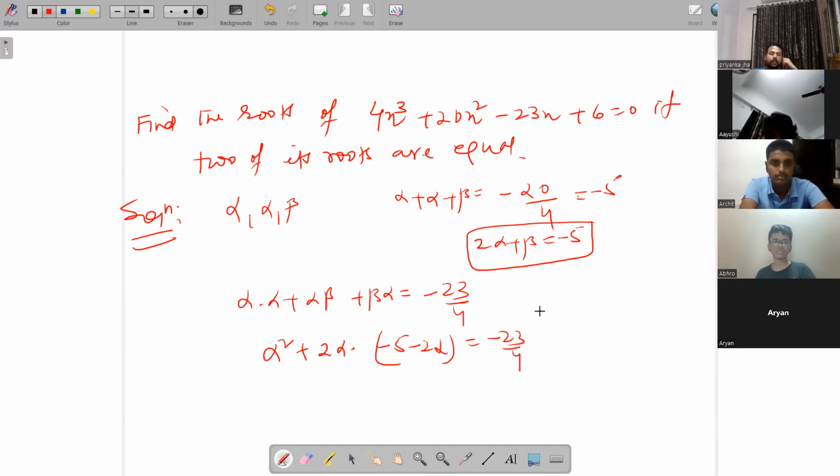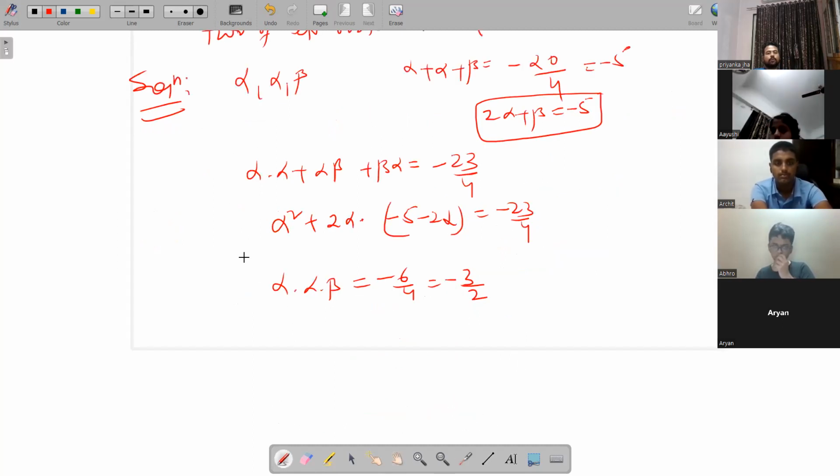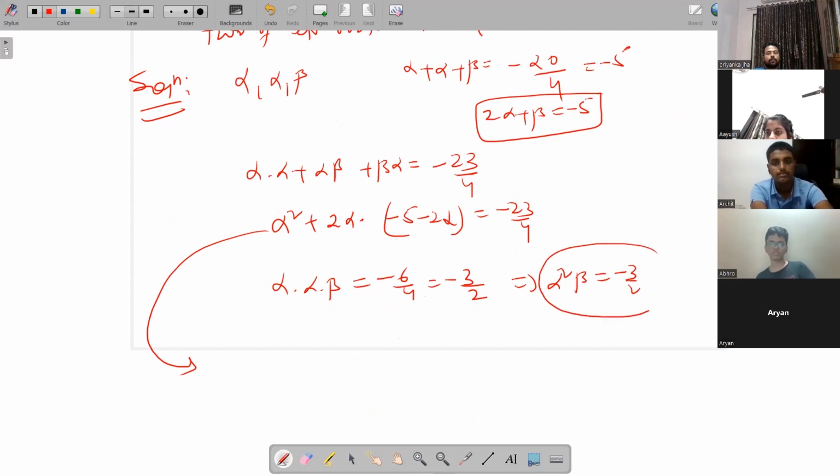And the third condition you can also apply: product of the roots, that is minus d by a, that is 6 by 4, that is minus 3 by 2. Now from here you solve. So alpha square into beta is minus 3 by 2.